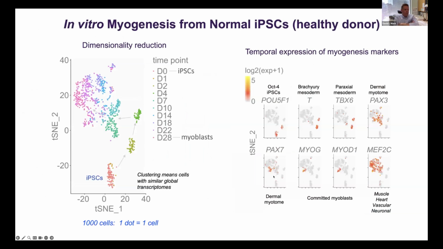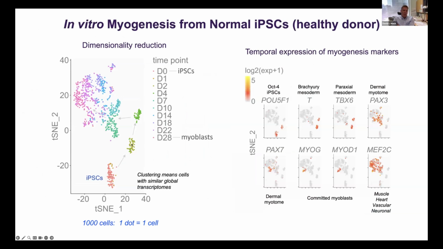The last thing I want to present, in the last 2 minutes, is we've now done transcriptomic studies in these engineered muscle tissues over multiple stages of embryonic muscle development. What's shown on the left is a t-SNE plot of iPSCs starting here. You can see they're nicely clustered.